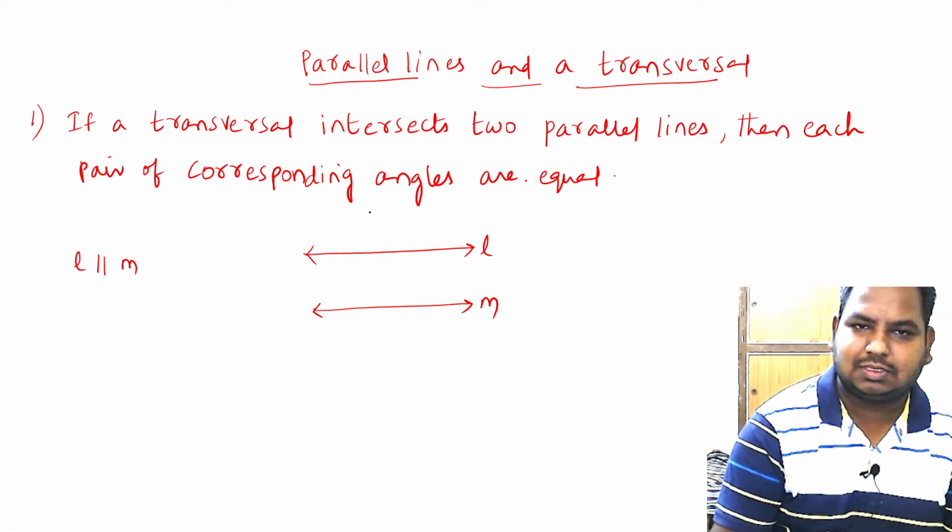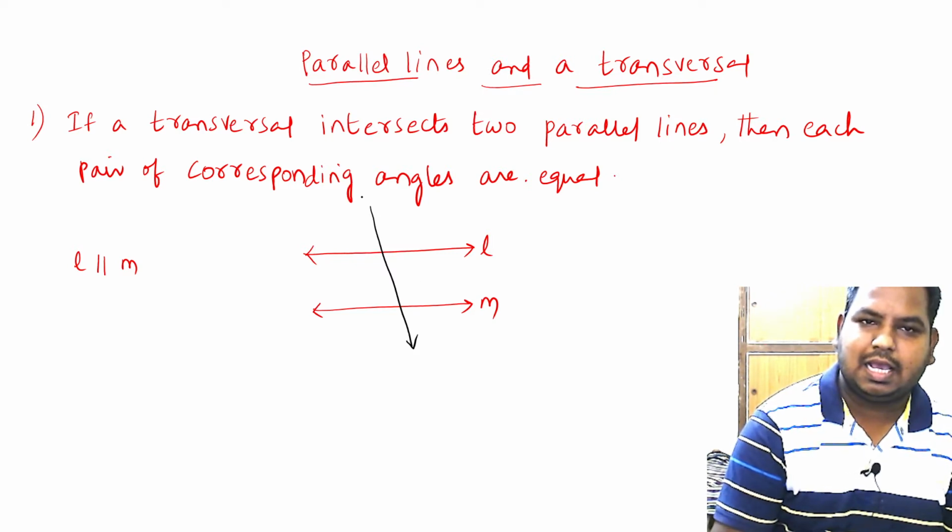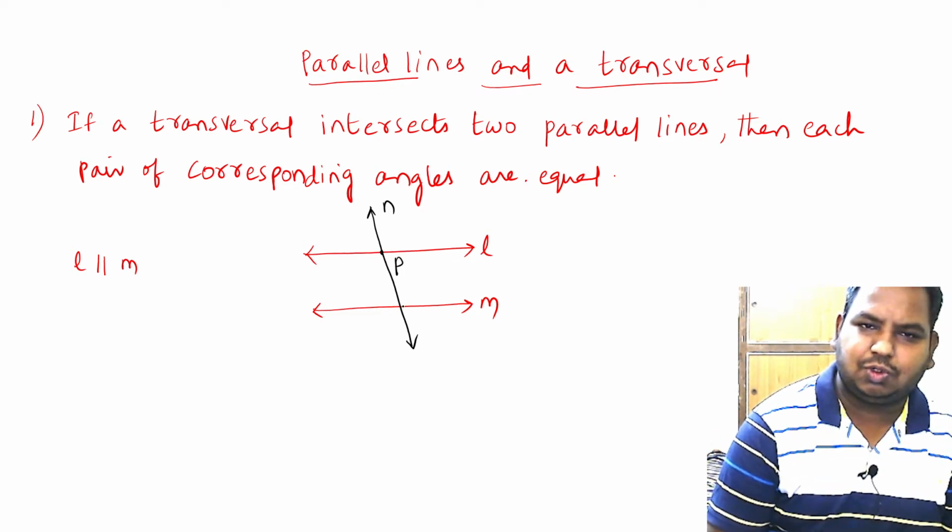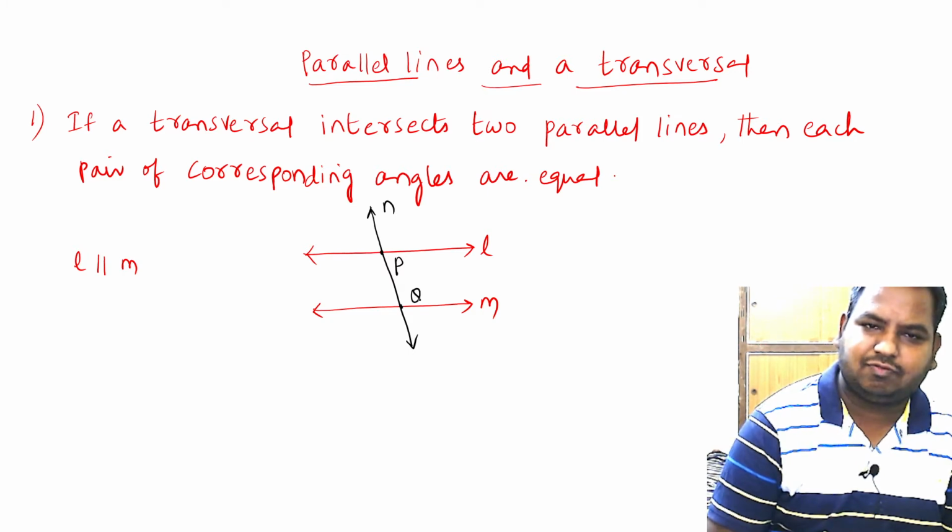N is the transversal. Here we have P as the point of intersection of line L and line N, and Q as the point of intersection of line M and line N.